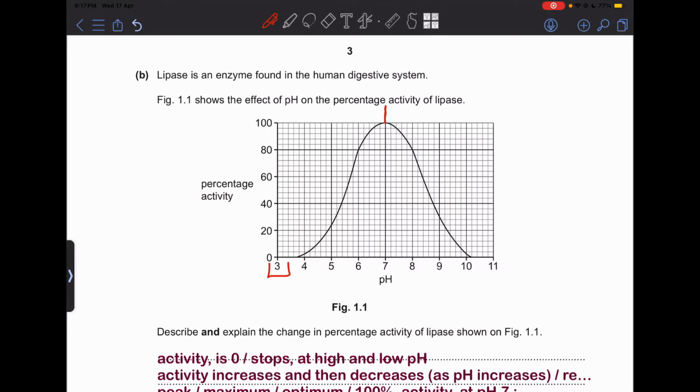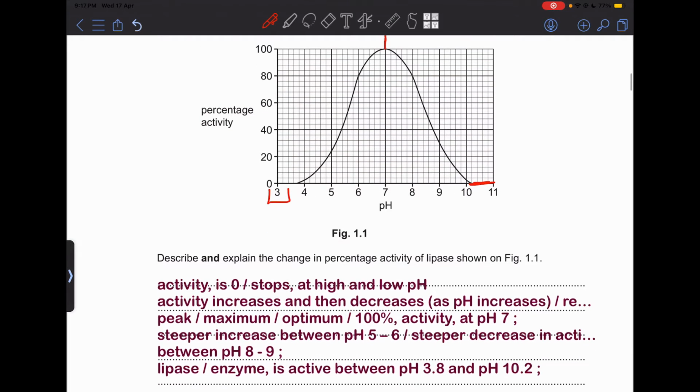So this means that it works optimally at neutral pH, which is 7. After pH 7, it started decreasing until there was no activity, and it became denatured. So this is the description.